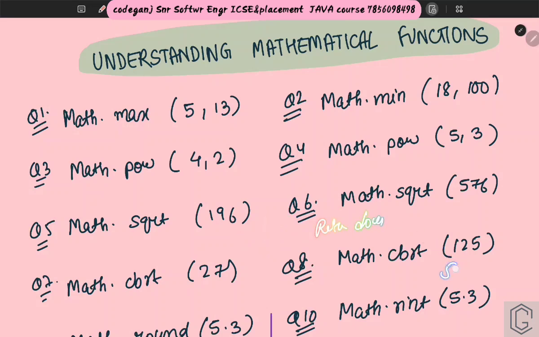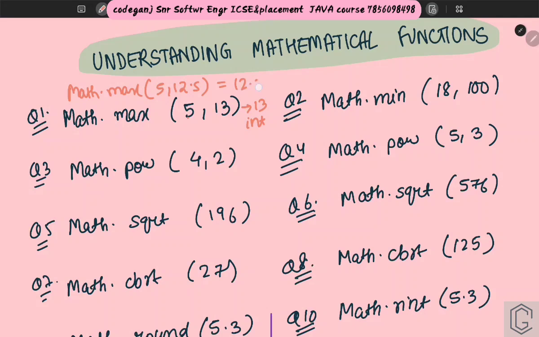Cube root of 125 will be 5.0. In max and min it is not the case. Max and min will depend on the values that you have. So for 5 and 13, 13 will be the answer and int is your return type. Suppose you have something like Math.max 5, 2.5, 5, 12.5.